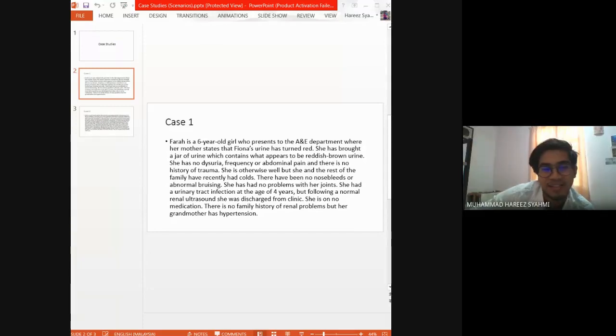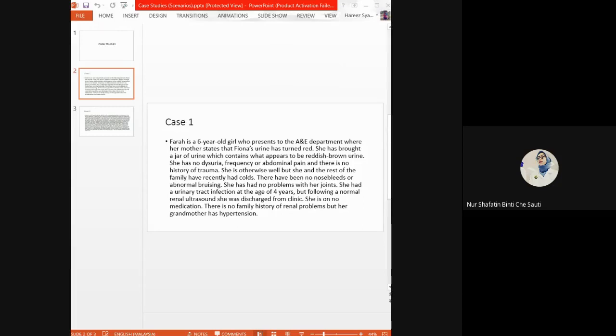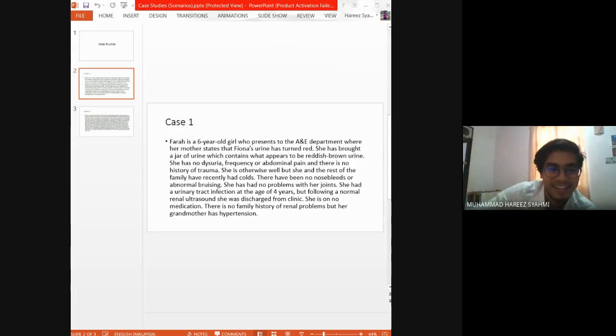So what are the other differential diagnoses? To exclude coagulopathy, bleeding disorder. Yes. Other than that, one diagnosis that involves multi-organ.